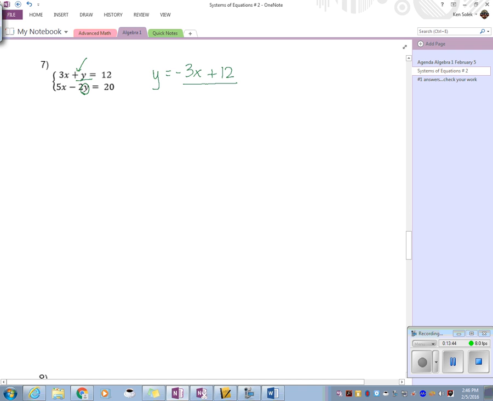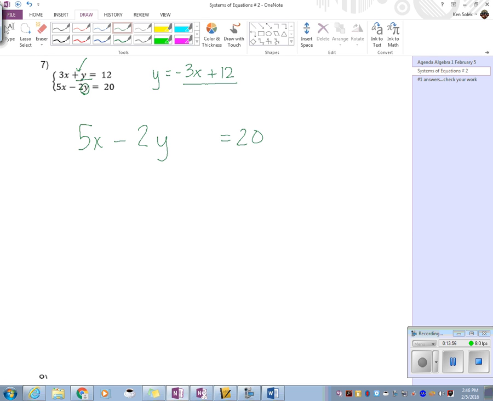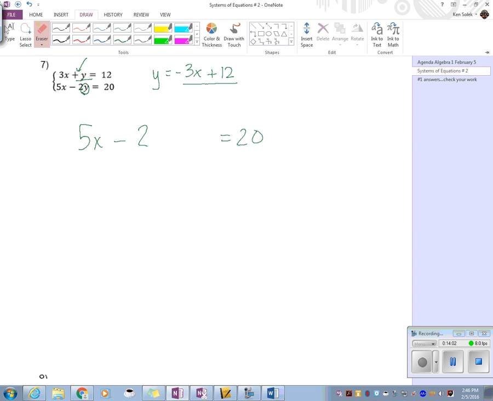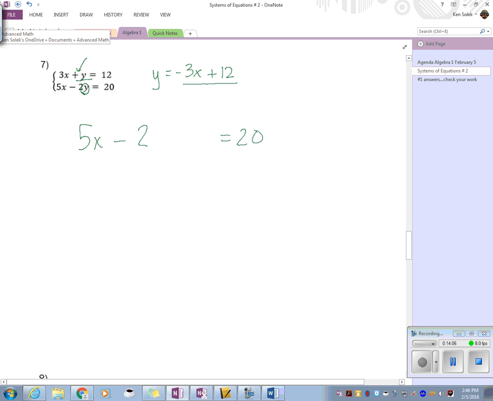So again, I'm going to use the second equation, 5x plus 2y equals 20. In place of y, I'm going to put negative 3x plus 12.